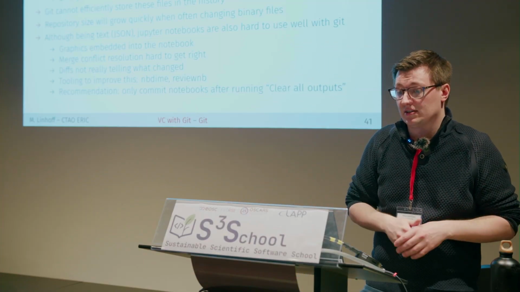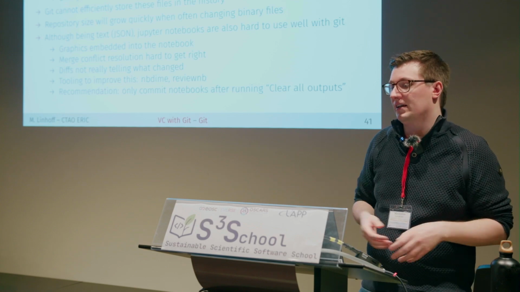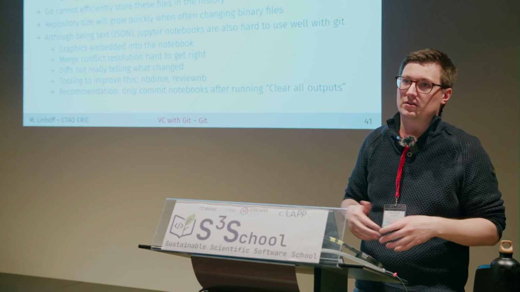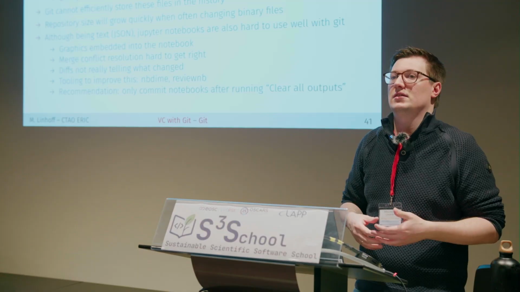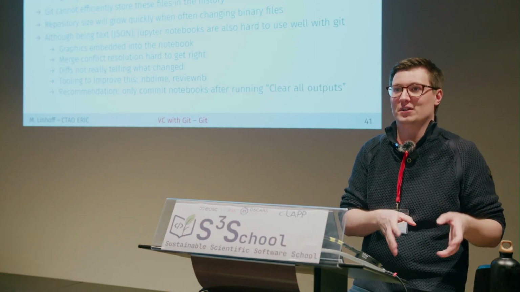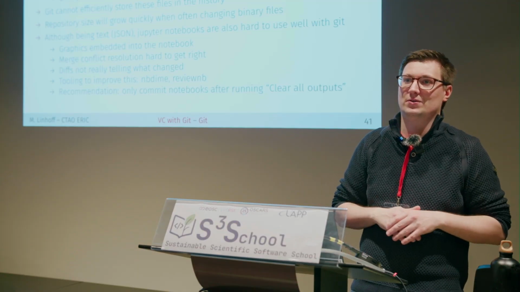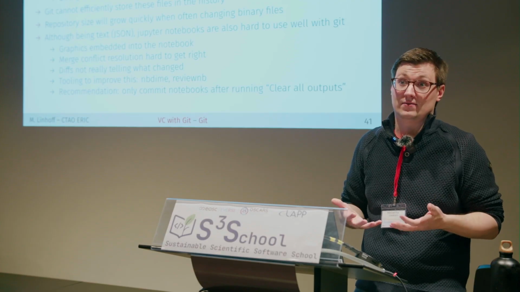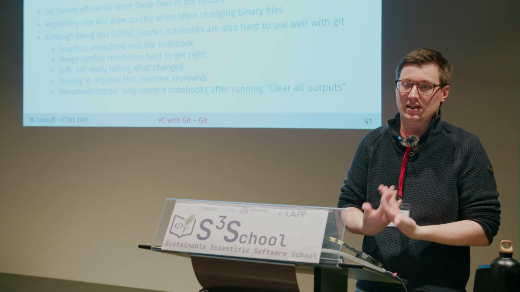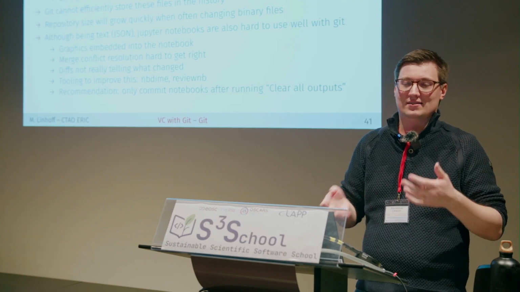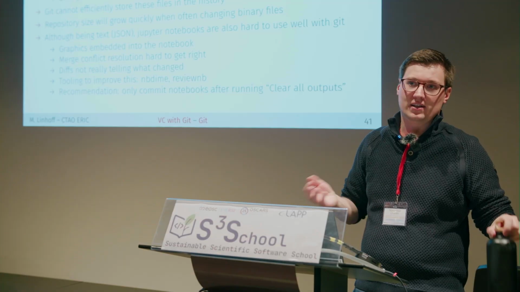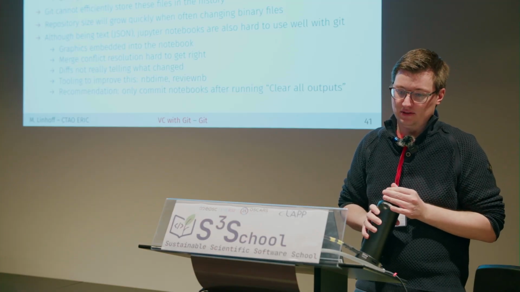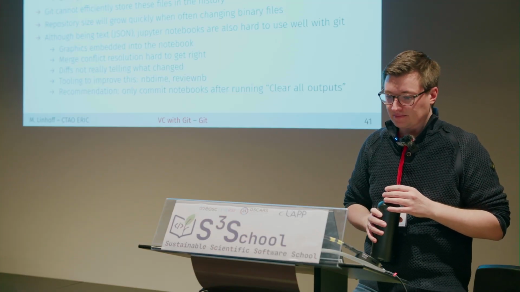So large images, document formats like PDFs or Word documents. You won't get a good diff between version 1 of a Word document and version 2 of a Word document in Git because it's not a text file. It's completely opaque to Git. It can't compare the text in the one file to the other file. So that's something you need to keep in mind.